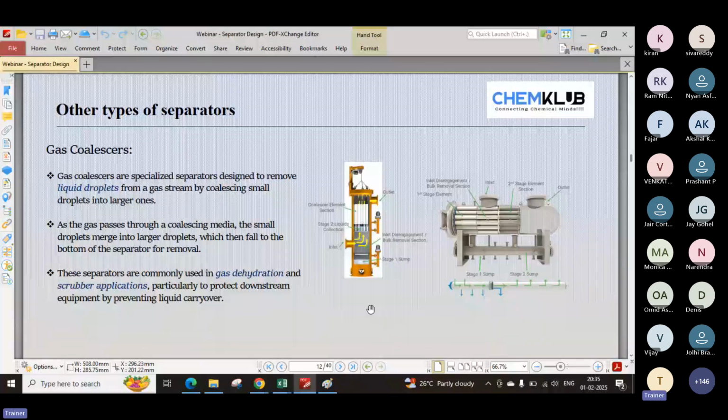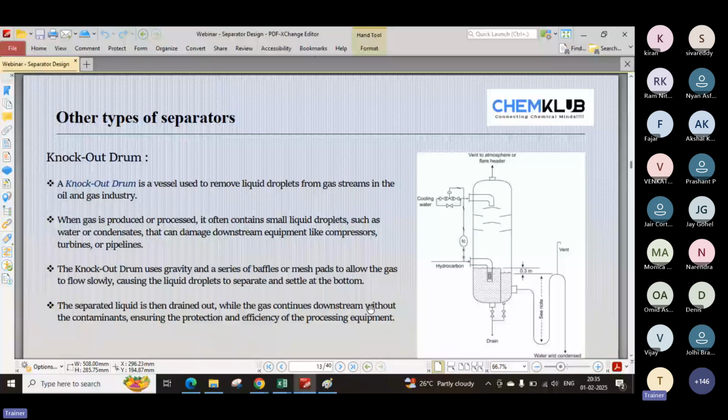Yes, knockout drums. Knockout, as the name suggests, is to remove any liquid droplet, or any gaseous part to be separated from the liquid. Knockout may be used under different names or at different sections: a flare knockout drum, a knockout drum for the compressors, or generally a scrubber.